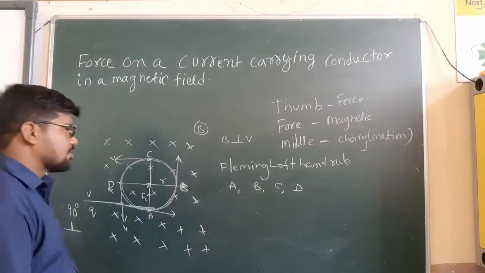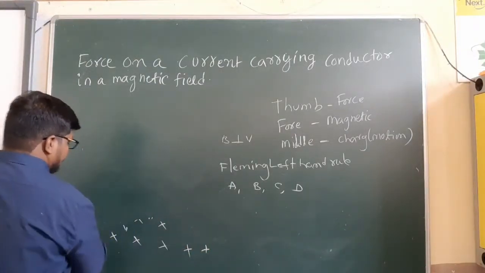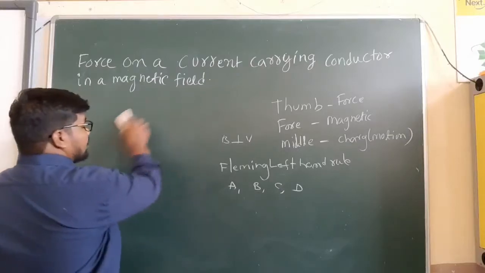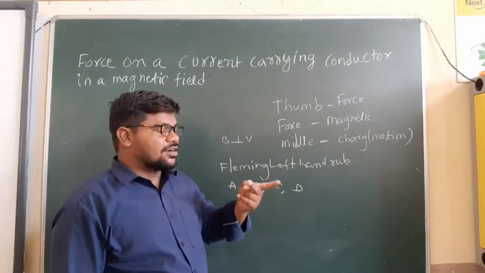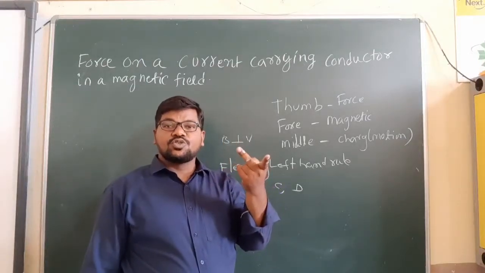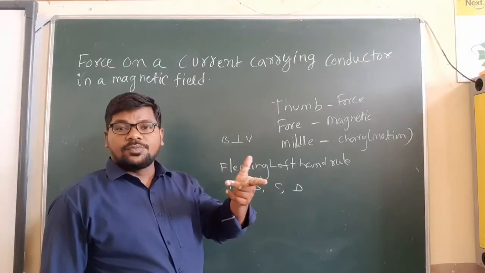Let us discuss. So what is Fleming's left hand rule? If two fingers, forefinger and middle finger, are perpendicular to each other like this, mutually perpendicular, then the thumb finger is perpendicular to both.